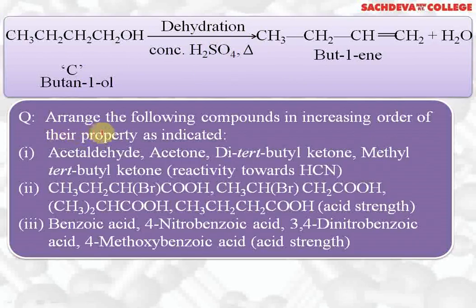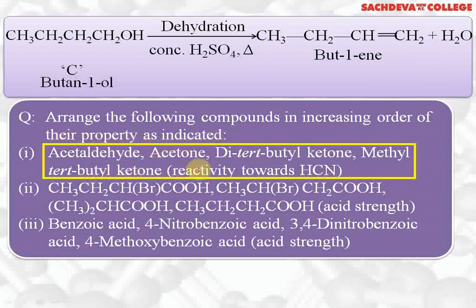Let's take up this question. Arrange the following compounds in increasing order of their property indicated. First one is acetaldehyde, acetone, di-tert-butyl ketone, methyl tert-butyl ketone: reactivity towards HCN. Now, towards HCN means nucleophilic addition reaction. Least reactive is di-tert-butyl ketone because of steric hindrance as well as maximum inductive effect.